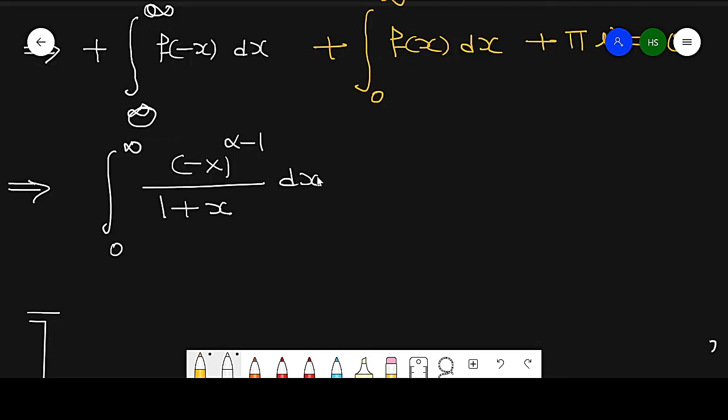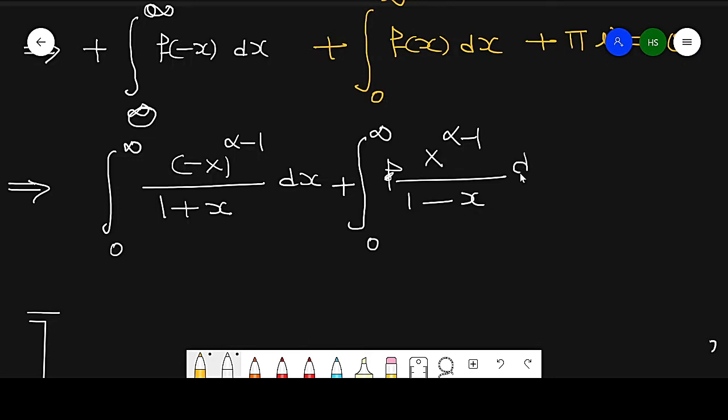It is 1 minus z, so this is alpha minus 1. Again plus this value, this is again 0 to infinity, f of x means x raised to power alpha minus 1 over 1 minus x into dx plus pi iota is equal to 0. So I get this value, right? So in this way, here this is 1 plus and this value plus pi iota equal to 0.